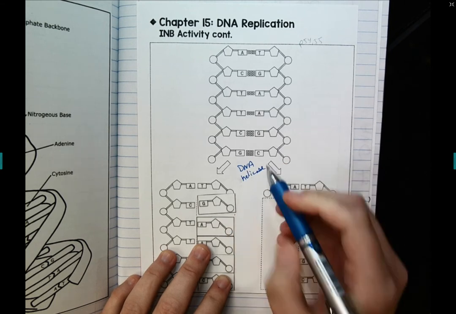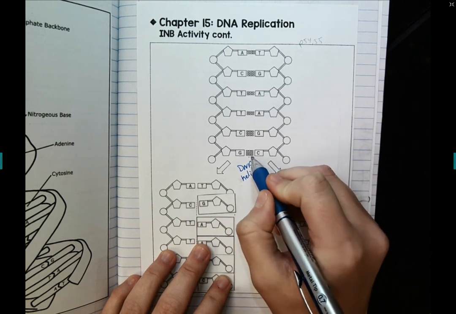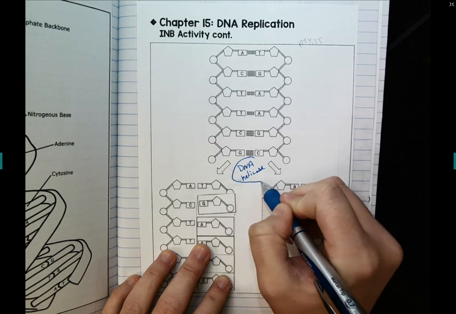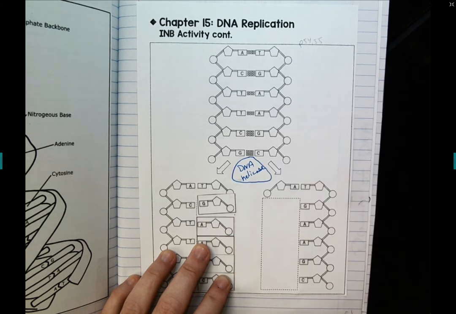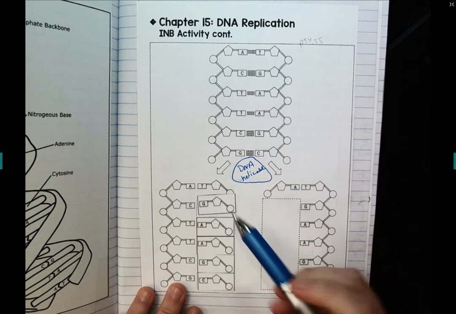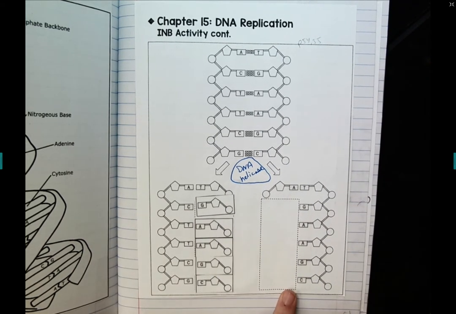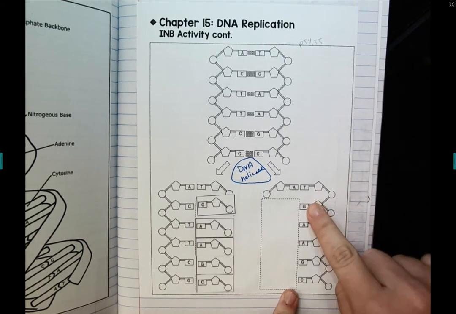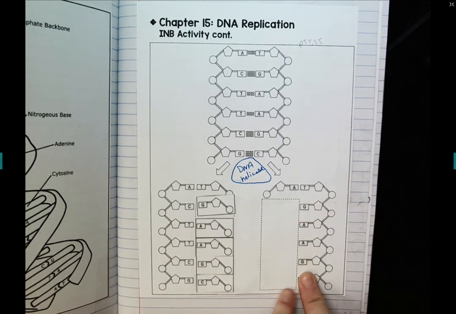Right? Helicase comes in and it unwinds and breaks the hydrogen bonds that hold the bases together. So then we now have these bonds that need to be remade.